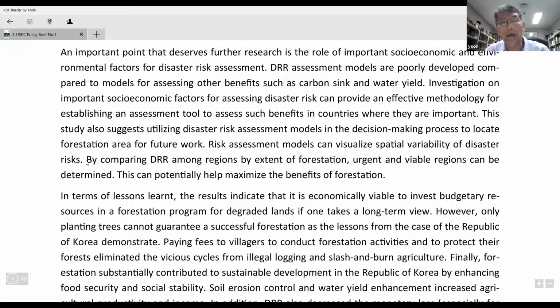If you have good spatial data, in other words, high resolution data, you will get more accurately, spatially estimated disaster risk.